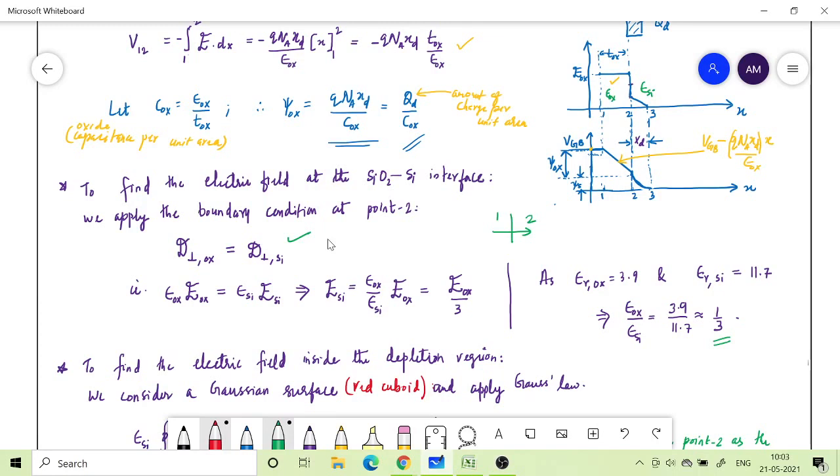If I write this in terms of electric field, then D perpendicular in oxide is E ox times epsilon ox, whereas D perpendicular in silicon is epsilon silicon times E silicon. From this we can find E silicon, the electric field inside silicon, but just at the border. This is only valid just at the border. After that it will change. So just after entering the semiconductor region, there is going to be a change by a factor of 3.